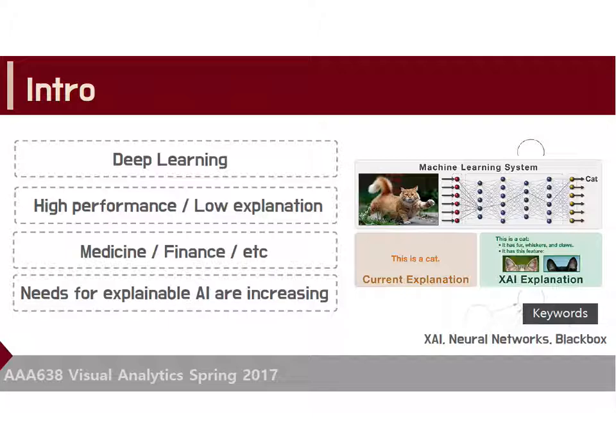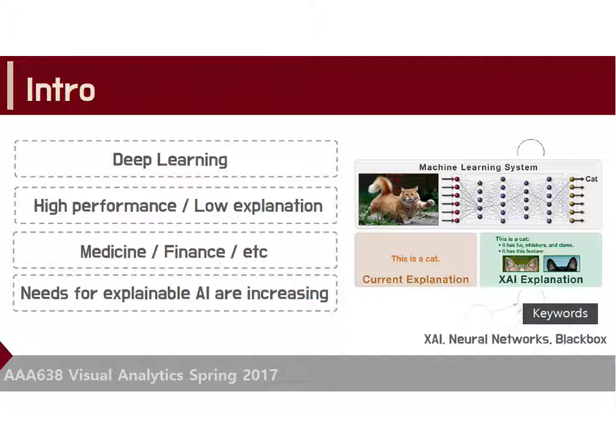As you know, nowadays we live in the age of deep learning, and deep learning brings high performance, but there are always pros and cons. In other words, it gives us high performance, but it has low explanation capability.